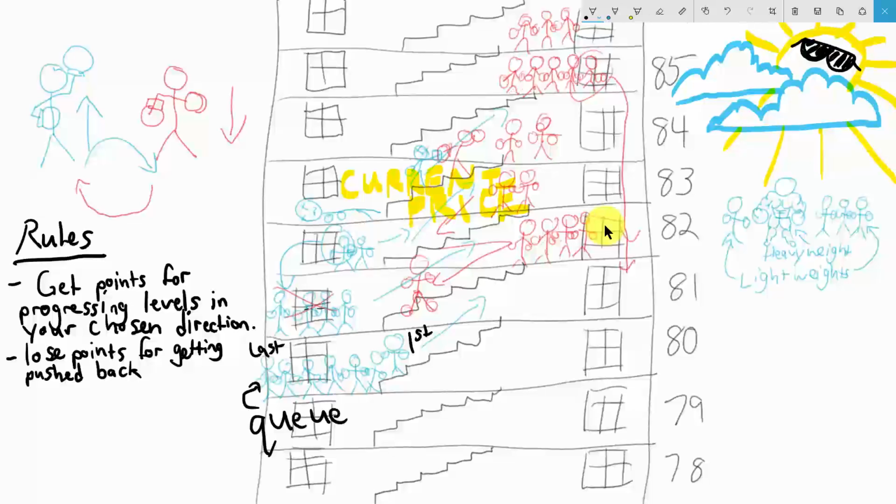And likewise, it's the opposite for the other side. You have the last in line on the edge, and then in the middle is the first in line, right? So that's something to keep in mind.